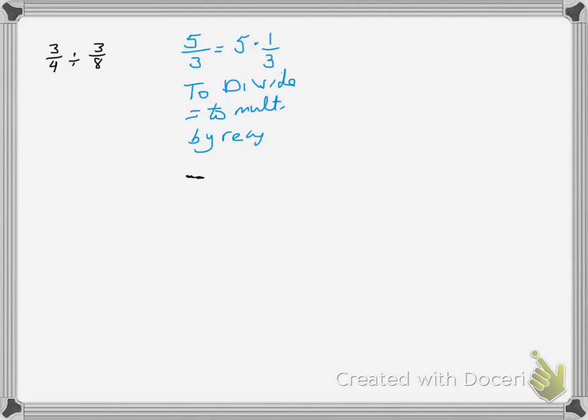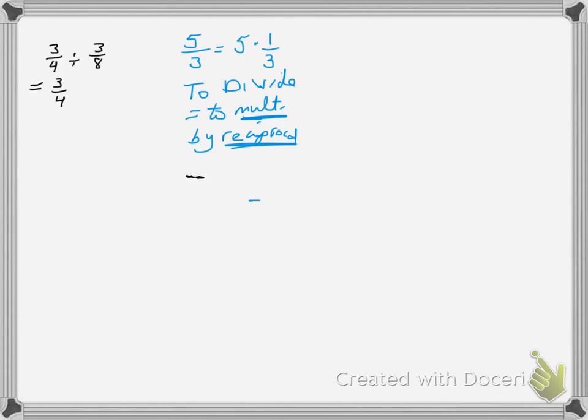So we are going to use that concept by rewriting all of our divisions as multiplications by the reciprocal. And that's the key to this method.